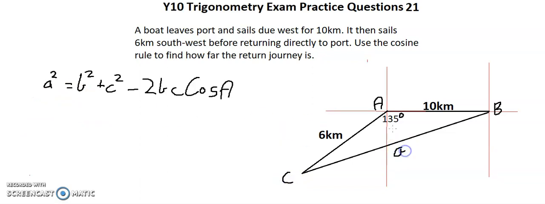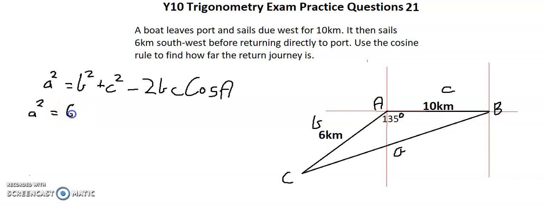Just remember, the side opposite the angle is the lowercase a side, so 6 must be B side, and 10 is the C side.